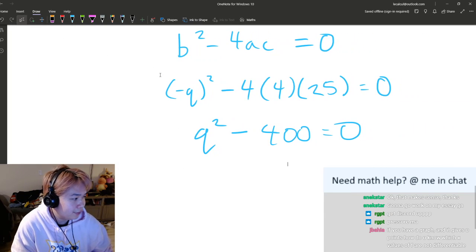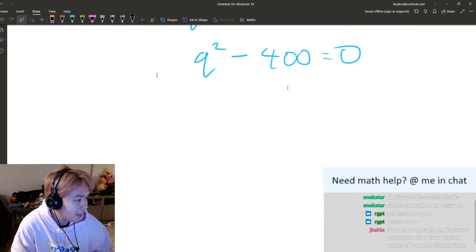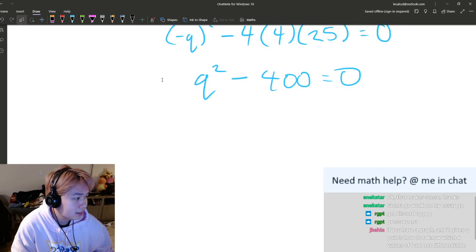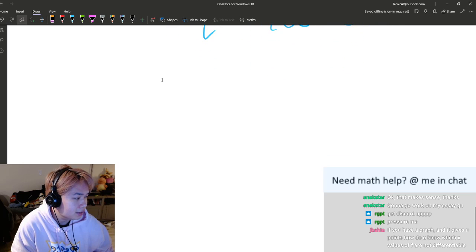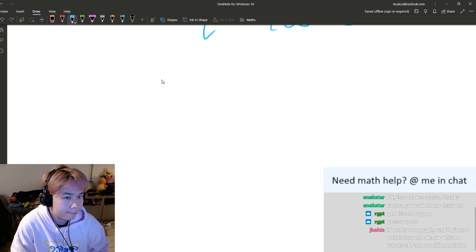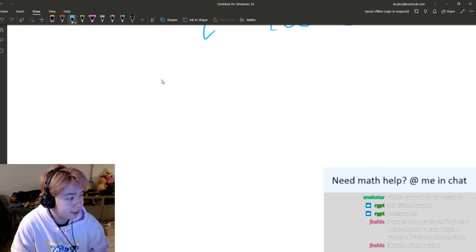If you have a graph and it gives you points, how do you know which x values of f are not differentiable? Okay, there's two reasons why a graph won't be differentiable.